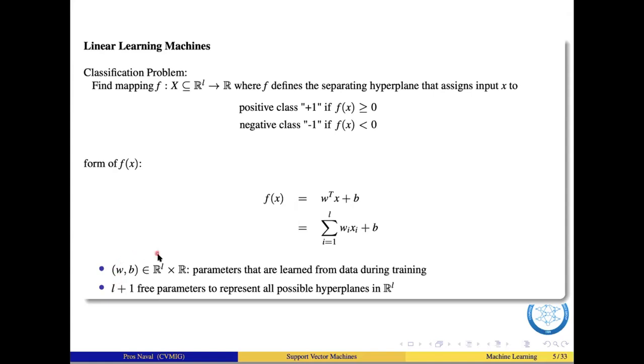We have this vector consisting of L elements whose values may be any real numbers, and b as well. So b is the bias. So these are the parameters that are learned from data during training. Now there are L plus 1 parameters. Why plus 1? Because you have a bias here. So there are L plus 1 free parameters that will represent all the possible hyperplanes in R^L.